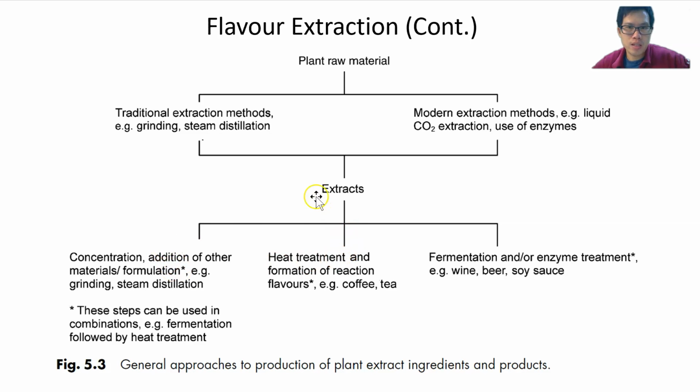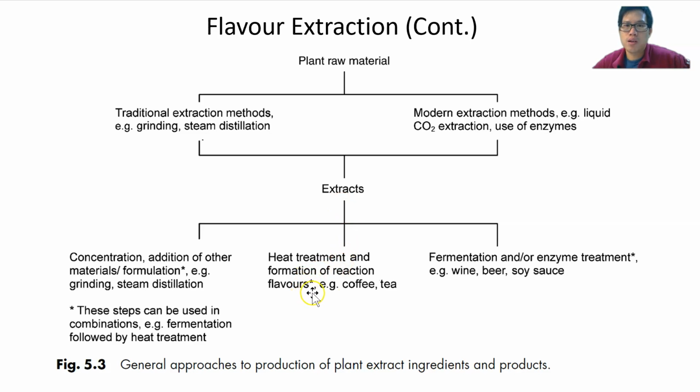This is the very critical part, which means that the flavor components in the extract can actually form certain types of flavors in addition to what the extract already has. Under heat, it actually generates more new flavor components, like brewing coffee, and then you get more aroma coming out.